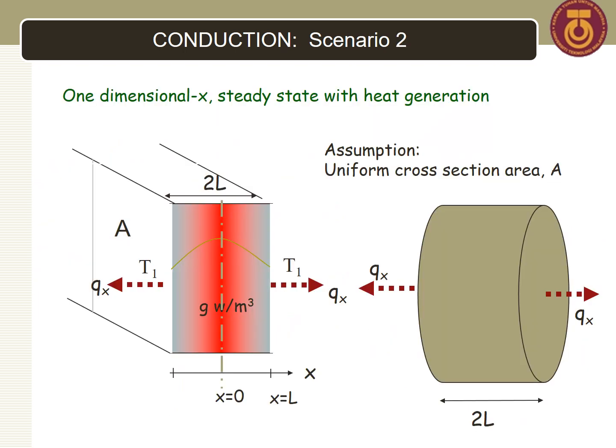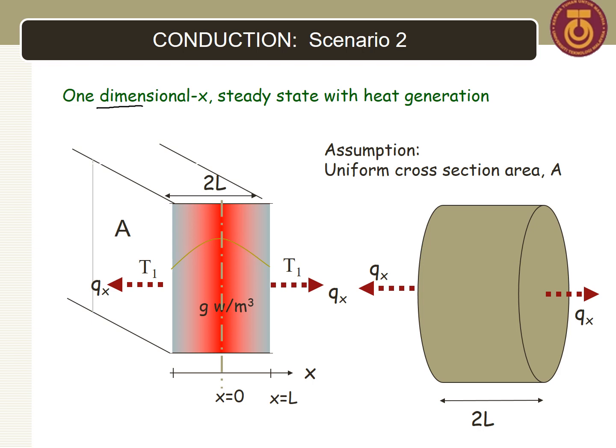Now let's proceed to the second scenario for derivation. As you can see, it is quite similar to scenario number 1. We also only consider heat transfer in one direction, in our case the x direction.